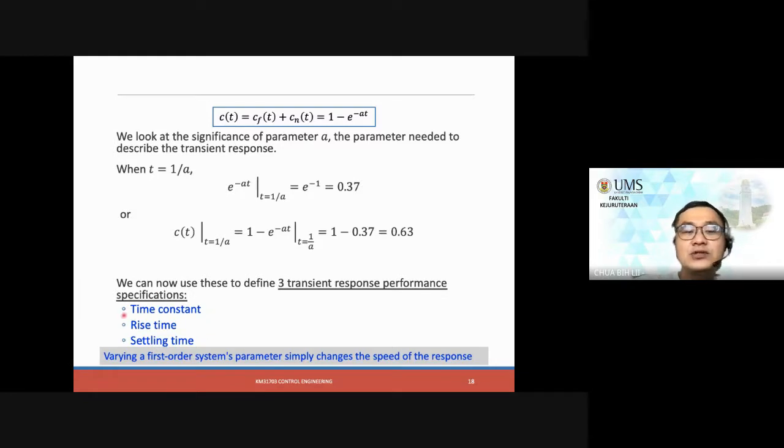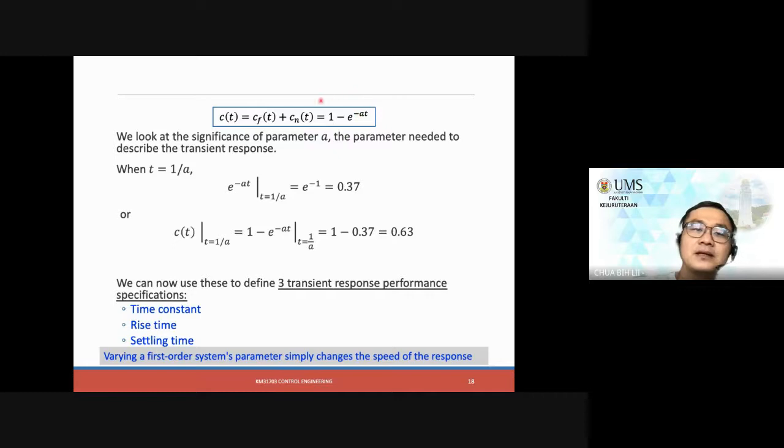These three terms would occur from time to time, especially towards the design, where it will become a design criteria. For example, you want to tune your controller such that the settling time is within 0.5 second. You want it to settle as fast as possible. So that would become a characteristic of performance that you would desire for your whole system later on, right?